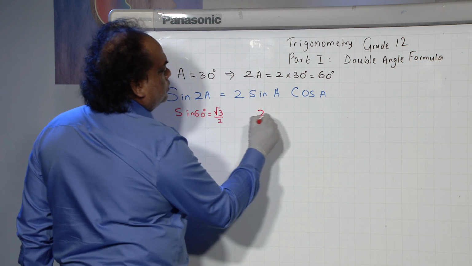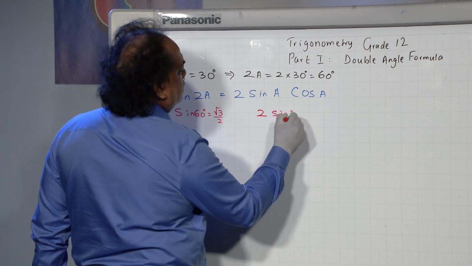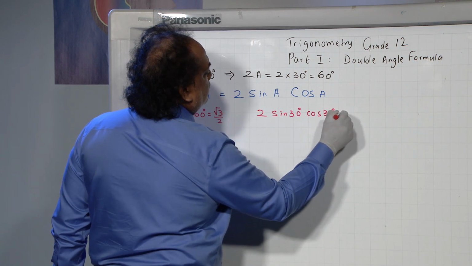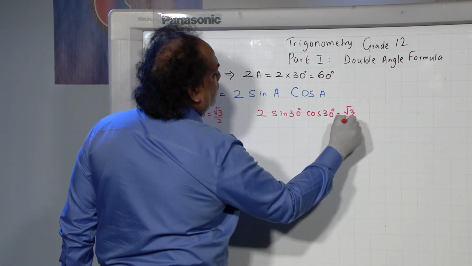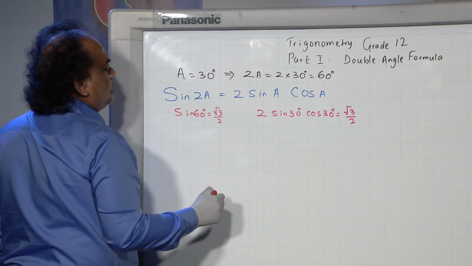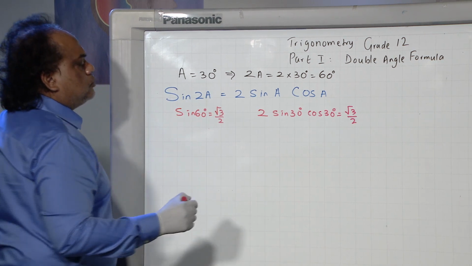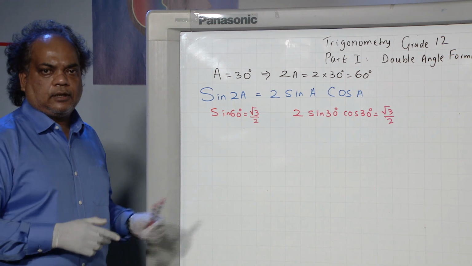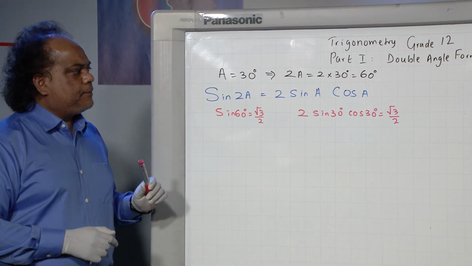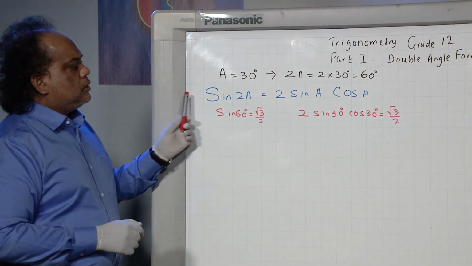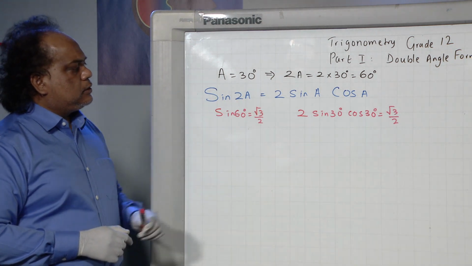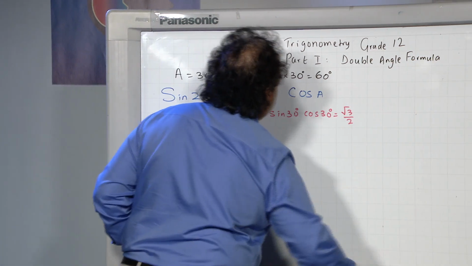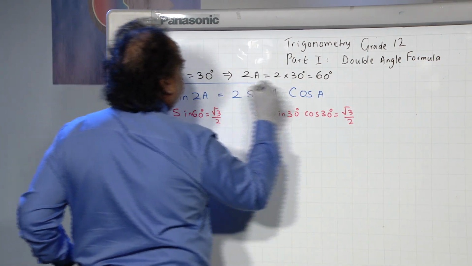Then calculate 2 sine 30 times cos 30 separately, and you will find that you will get root 3 over 2. Okay? So sine 2A is 2 sine A cos A. You will have to remember this formula.